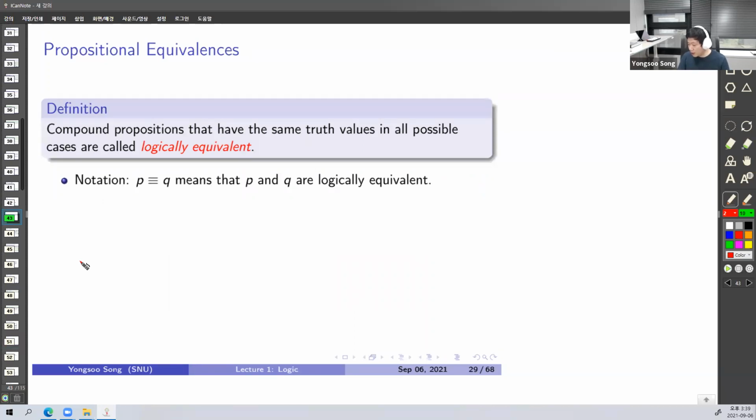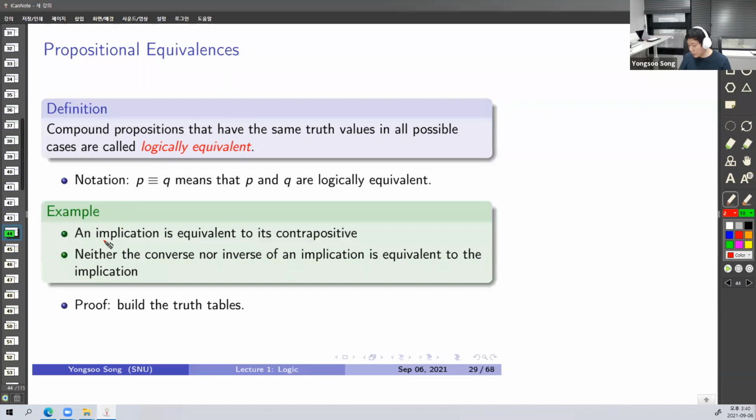Okay, so I've already used these terms several times, but let me formally define what logical equivalence means. We use this notation here, and we say propositions P and Q are logically equivalent if their truth tables are identical.